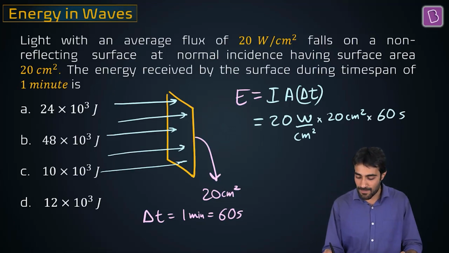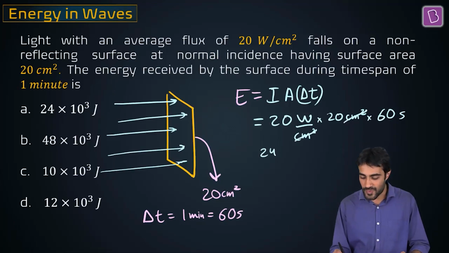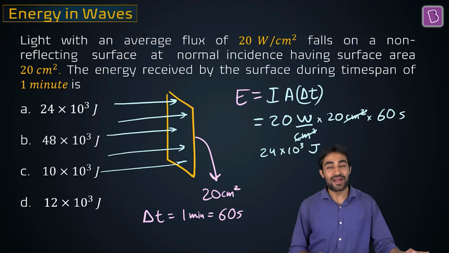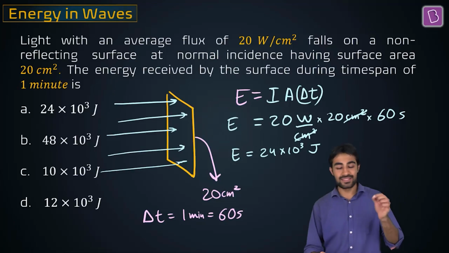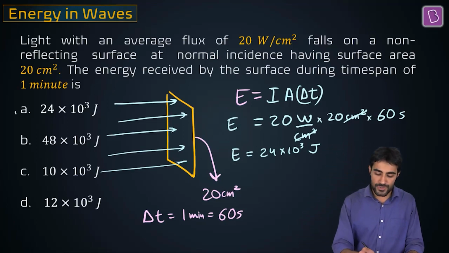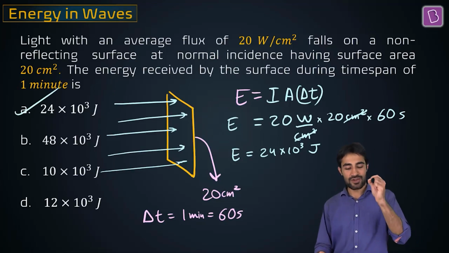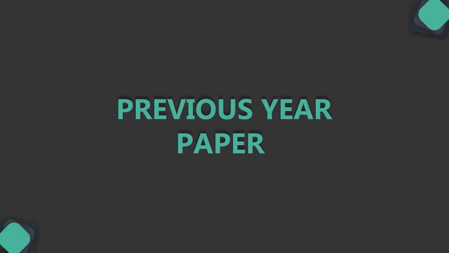When we do the multiplication, we get 24 times 10 raised to power 3 joules. Watt second is nothing but joules. So this is the energy absorbed by this surface, or energy received by this surface. And we can mark option A, 24 into 10 raised to power 3 joules, as the right answer for our question.